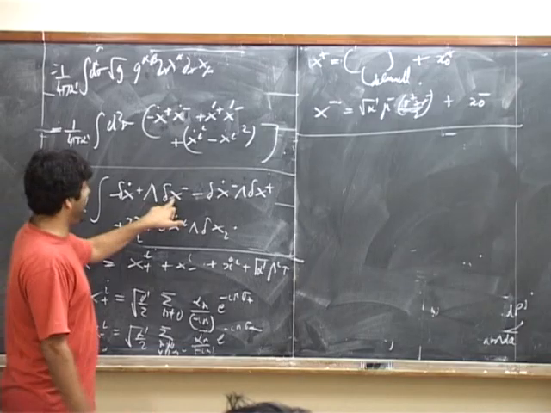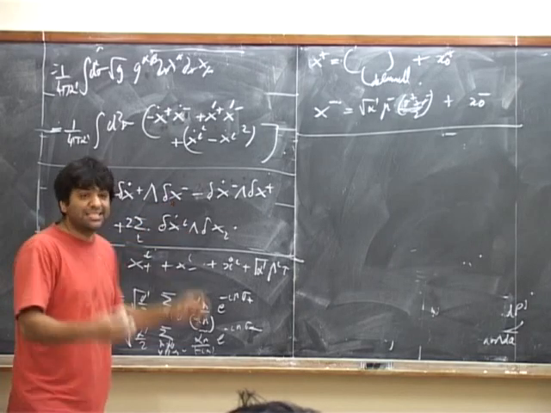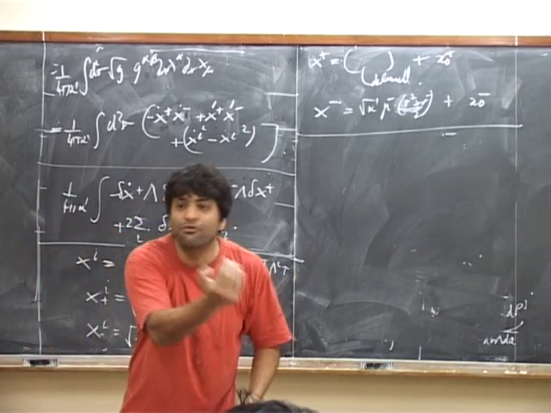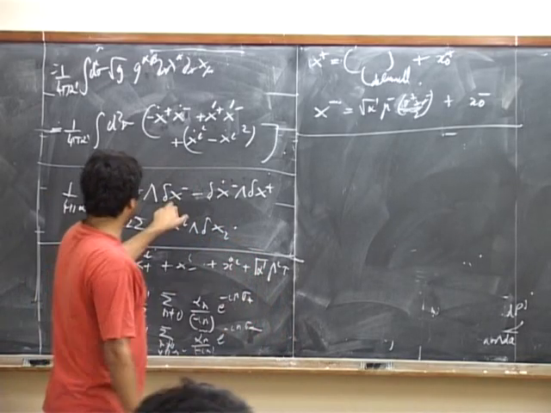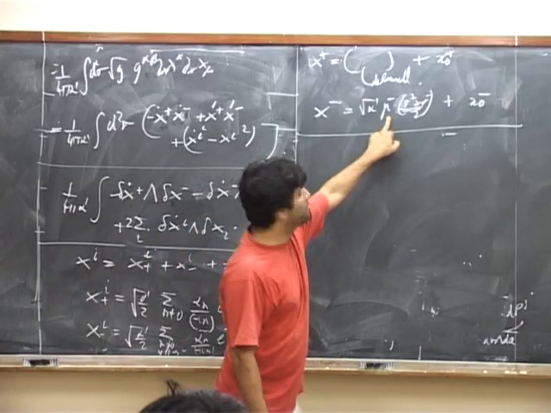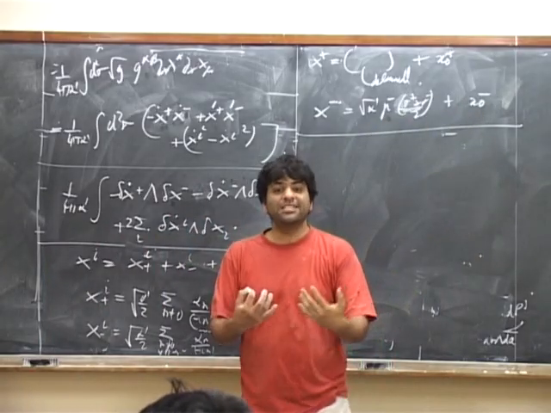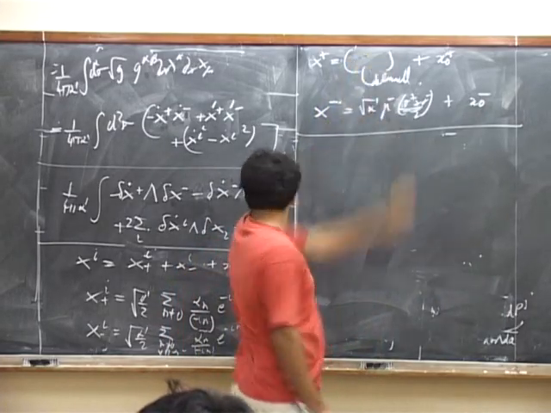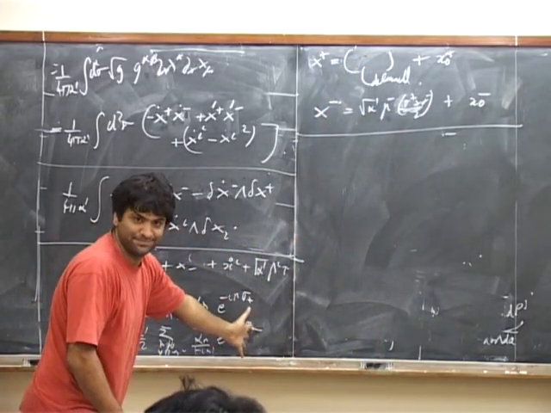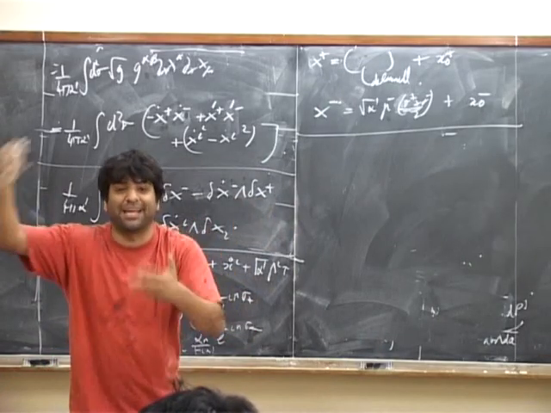Because delta x minus, so what is delta? Delta is a variation as you move on the space of solutions. x minus has only one or two parameters in which solutions change. x plus is much richer because this function is a function of all these alphas. So delta x plus is something very complicated.